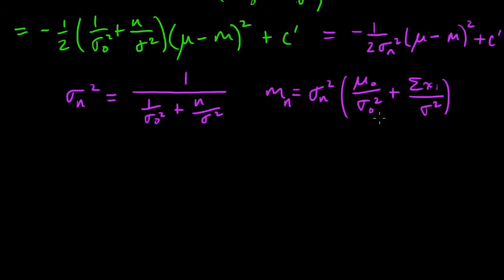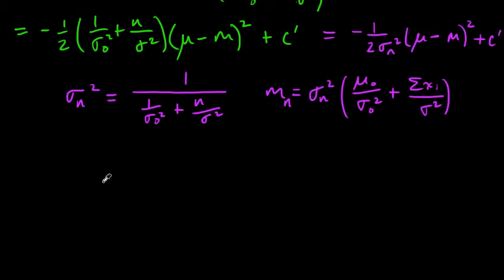So let's simplify this a little bit here. This is the mean. I want to express it as a convex combination of mu naught and this sum here, just to emphasize.